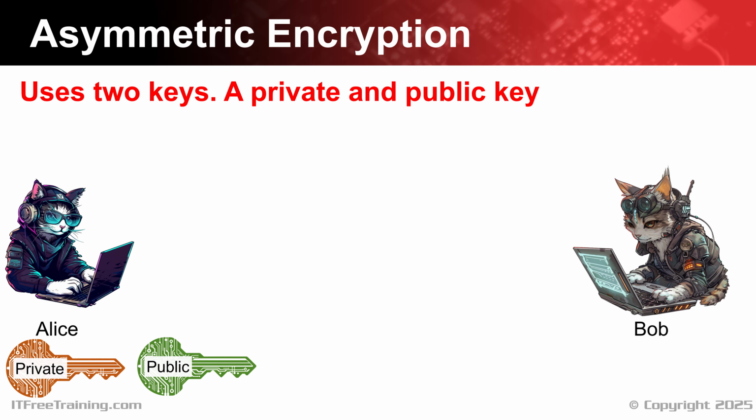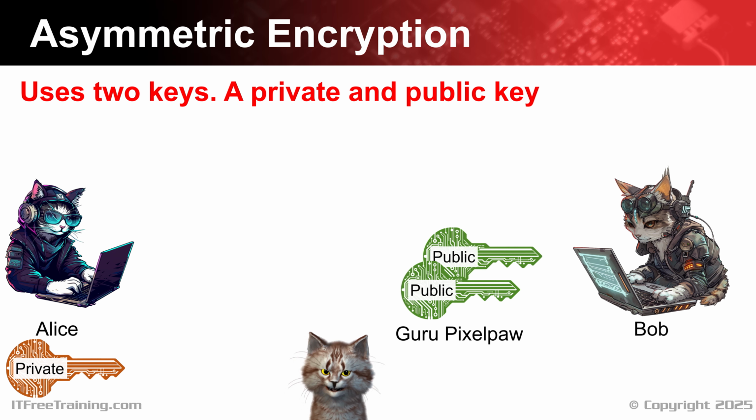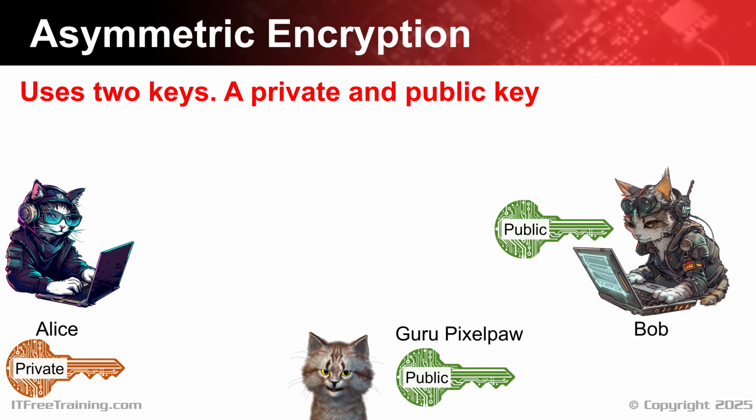The private key Alice needs to keep safe and can't share it with anyone. The public key, however, Alice can share with everyone, so even an attacker can copy the public key. I have the public key, but it's not very useful to me unless I want to send Alice a message, which I don't.